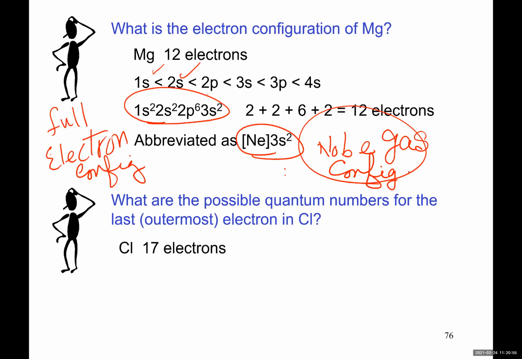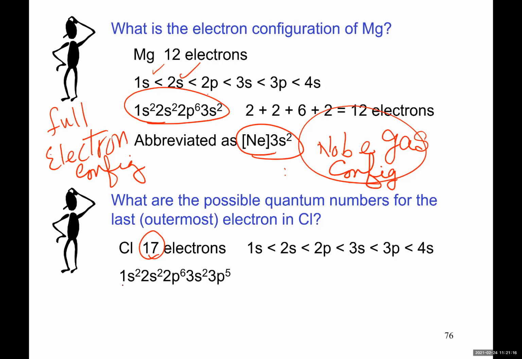So what is the electron configuration of chlorine? You look up the periodic table, you see the atomic number is 17. 17 protons, therefore 17 electrons. Relative order of energy of orbitals is this. 1s, 2 electrons filled, you go to 2s, 2 electrons filled, you go to the 2p subshell.